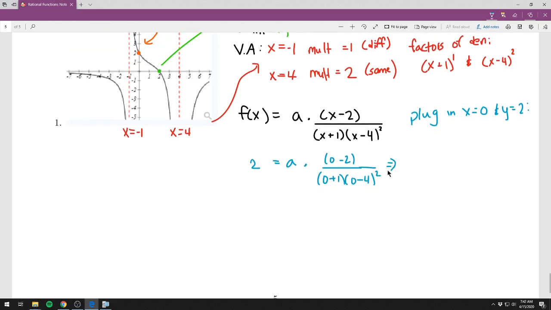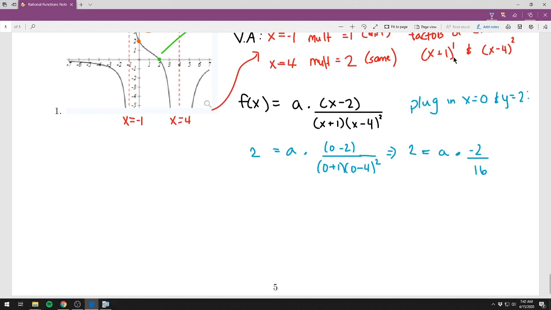Just simplify as much as you are comfortable with at a time. We got 2 equals a times the numerator here is negative 2. The denominator here, we have negative 4 squared is 16 times 1, which is 16. You can simplify this fraction or just directly multiply by its reciprocal. It doesn't matter, and simplify later.